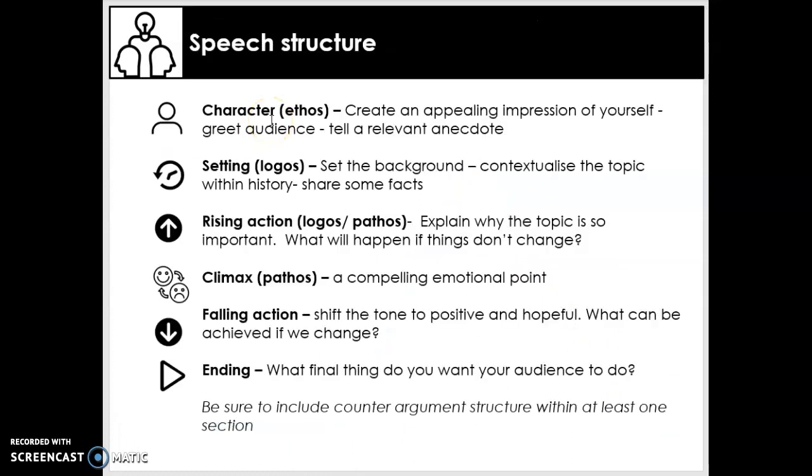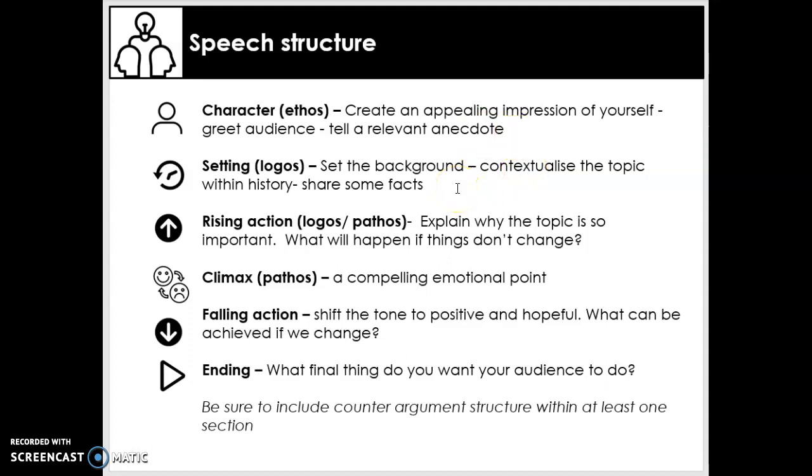So I would suggest that the opening of your speech is all about character, i.e. your character, the ethos opening, selling yourself as somebody who can be trusted and has got something worthwhile to listen to. The setting then is logos, where you set the topic and contextualise it.